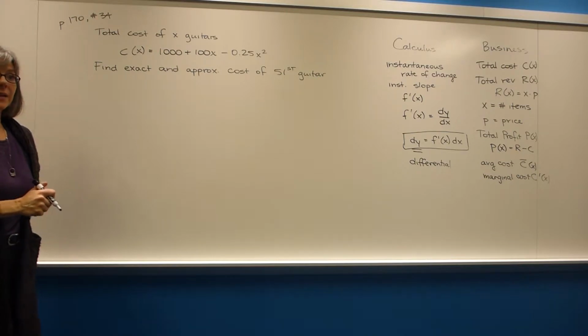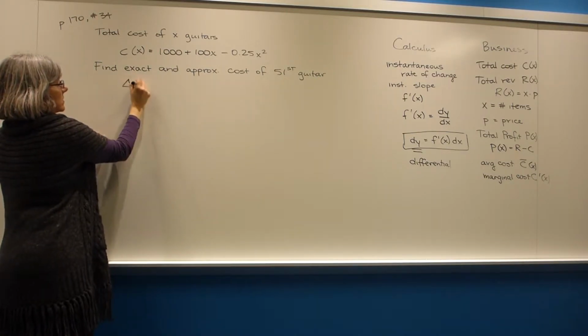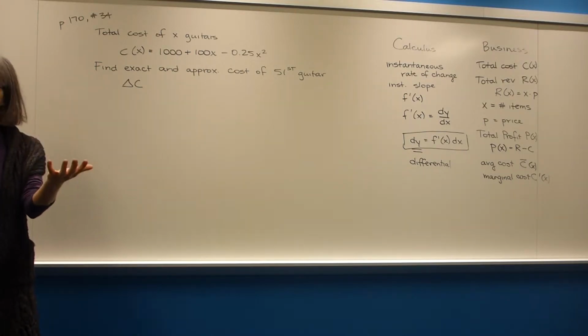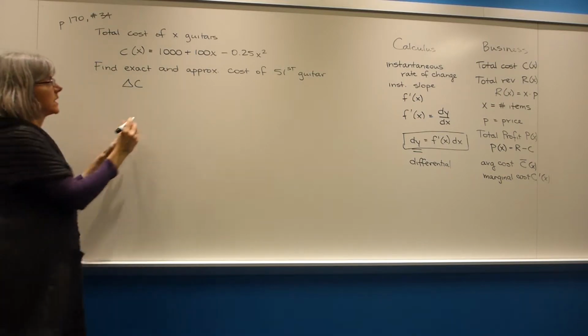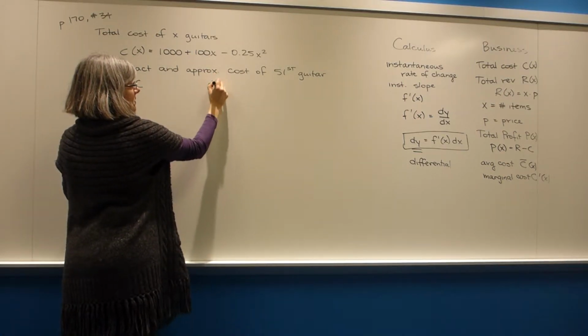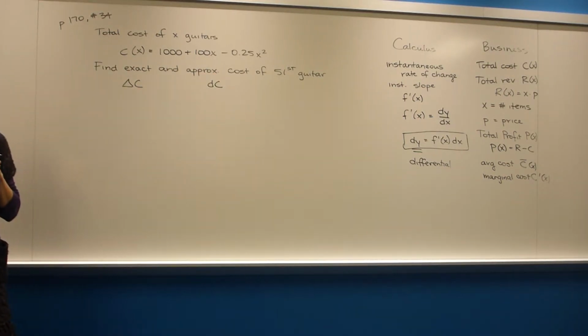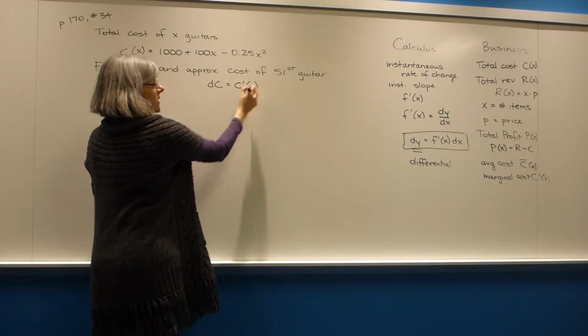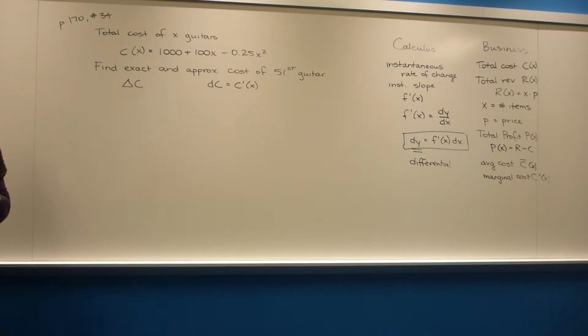Okay, exact delta. I'm making the 51st one, the total cost for that, minus the total cost for the first 50, that's the exact cost. Approximate, calculus. Or better yet, we can just go straight and write C prime of X, because that is the marginal cost, is C prime.